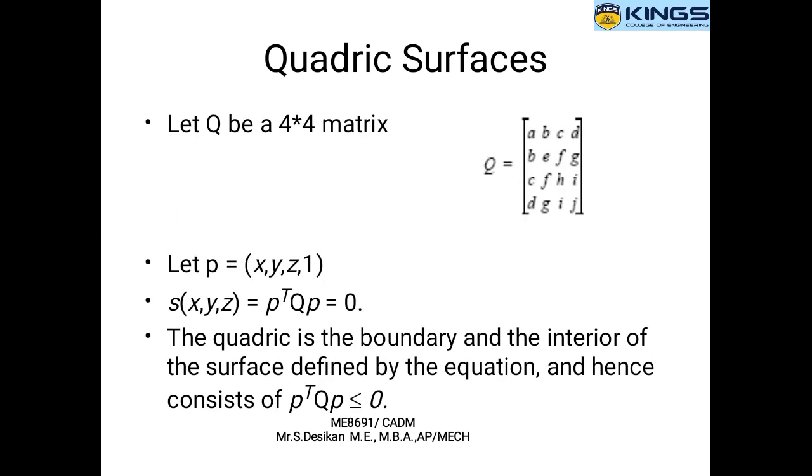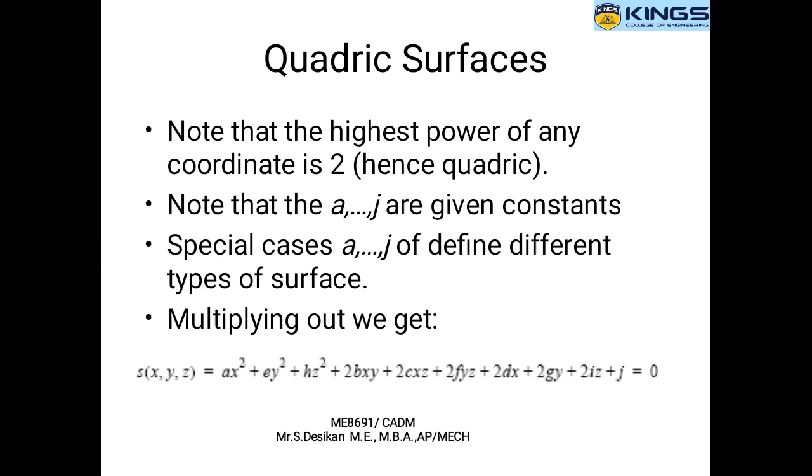Quadratic surfaces have a 4 by 4 matrix with coefficients a, b, c, d, e, f, g, h and so on. We have the 4 by 4 matrix, and P transpose can be used for the effective boundary condition.